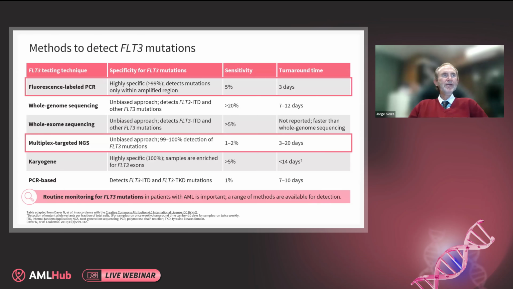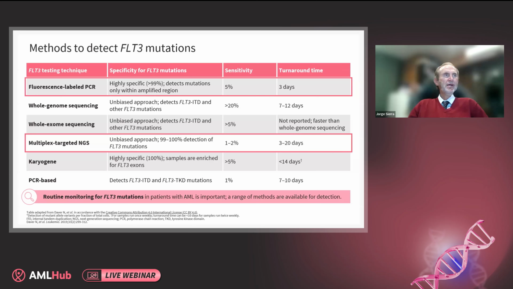The other technique, which is now widely used in clinical laboratories, is multiplex targeted NGS with higher sensitivity but longer turnaround time.